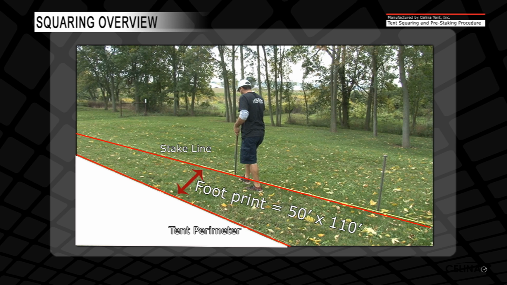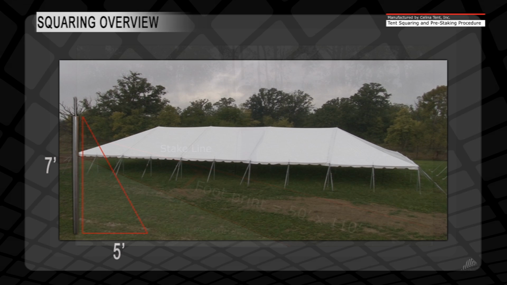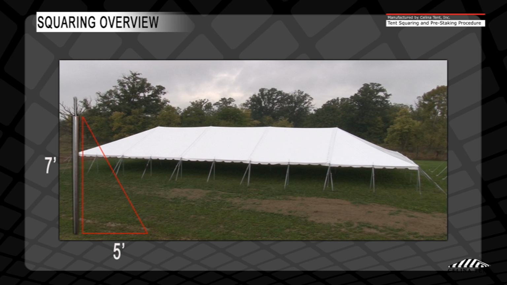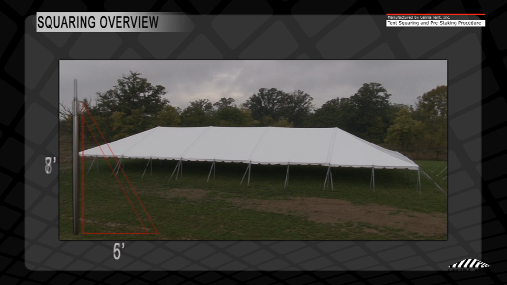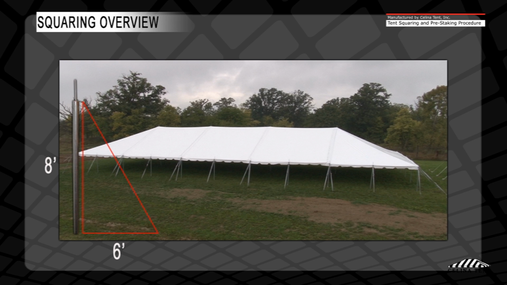For example, if a 5-foot stake line is required for the 40 by 100 pole tent, the total footprint will be 50 feet by 110 feet. For this demonstration, a 7-foot high side pole will be used, creating a 7-foot eave height. Therefore, the stake line will be set 5 feet out from the perimeter of the tent. If an 8-foot high side pole is used, the stake line would be set 6 feet out from the perimeter of the tent.